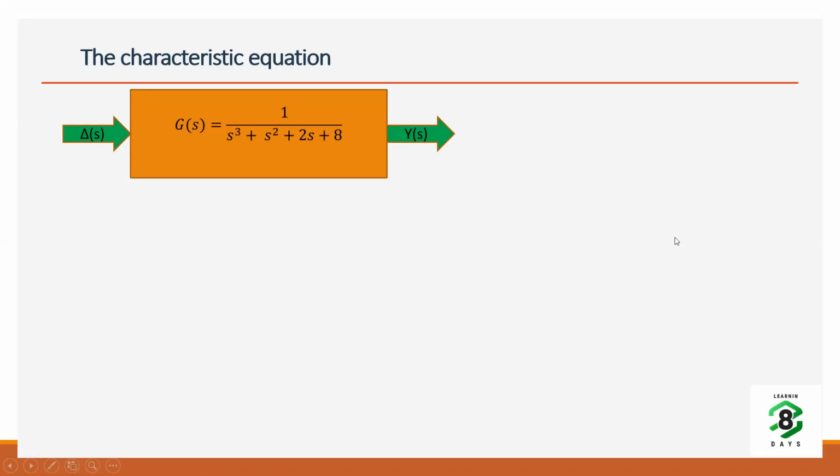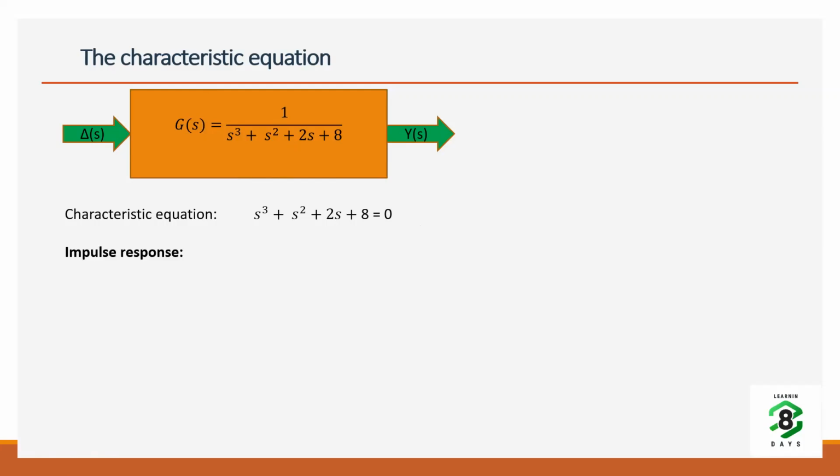The denominator of the transfer function gives you very crucial information about its stability. The characteristic equation is defined by its denominator itself, which is denominator equal to 0.